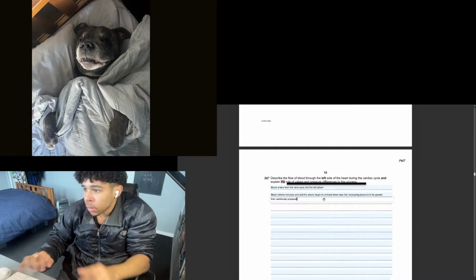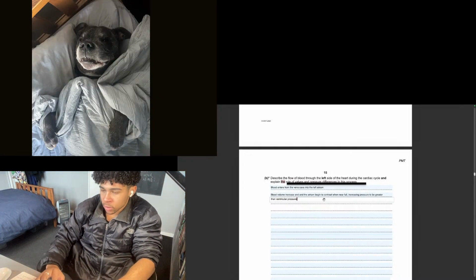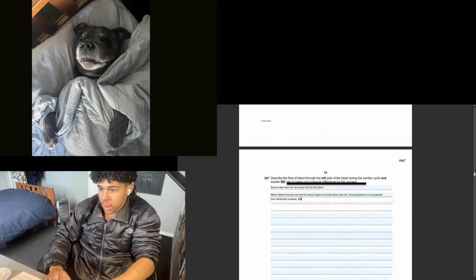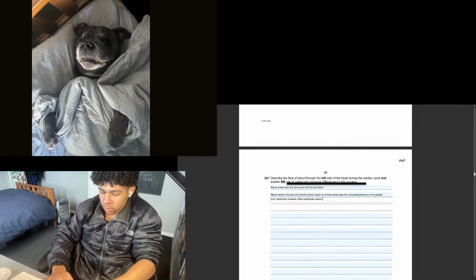When the blood flows in, pressure gradient, intraventricular pressure, then atrioventricular valves. The left side is the stronger side. This is the bicuspid valve. The bicuspid valve is opened and blood flows into the ventricles.